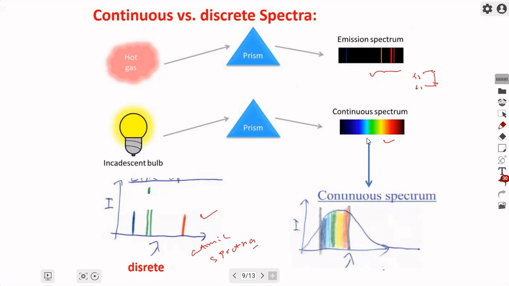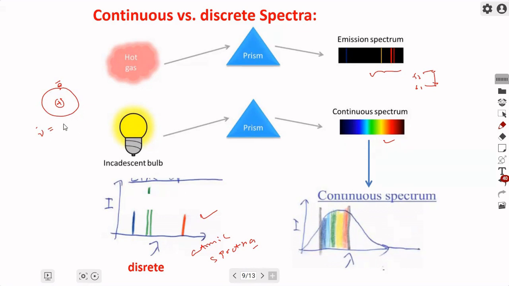So they tried to fit their ideas to explain the positions of this spectrum. They said there is a nucleus and an electron, and the electron is moving around this nucleus. So it definitely has some frequency. What is the frequency?